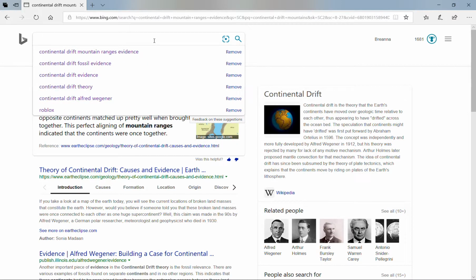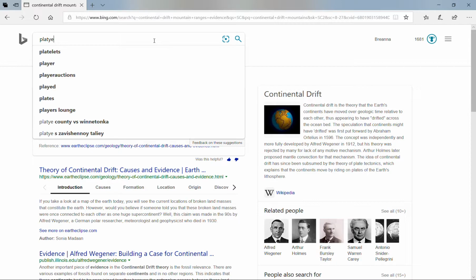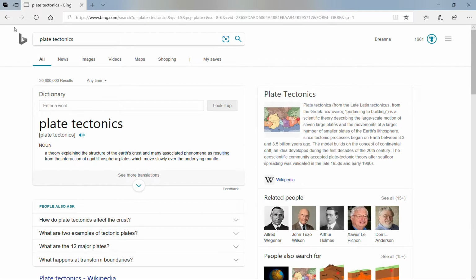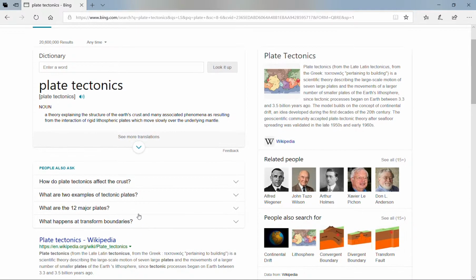Plate tectonics. The theory of plate tectonics is a theory explaining the structure of the Earth's crust and many associated phenomena as resulting from interaction of rigid lithospheric plates which move slowly over the underlying mantle.